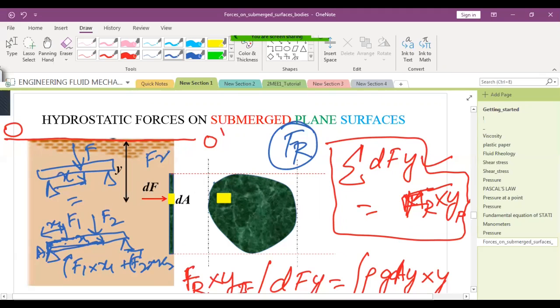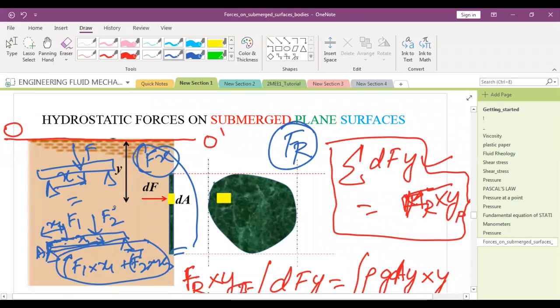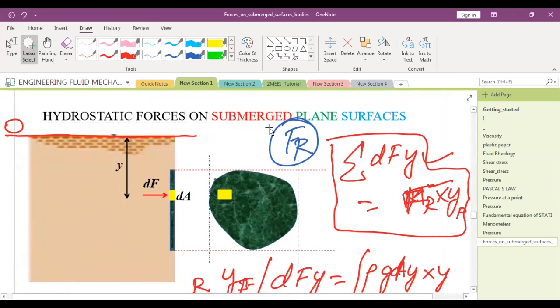F into x. तो ये दोनों इसके equal हो जाएंगे. अगर मेरे पास बहुत multiple forces हैं, उनका मैं moment लूं और एक बार उसके resultant का moment लूं, so that is equal. So I am applying the same formula here.